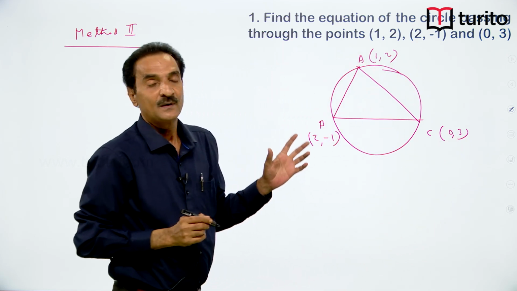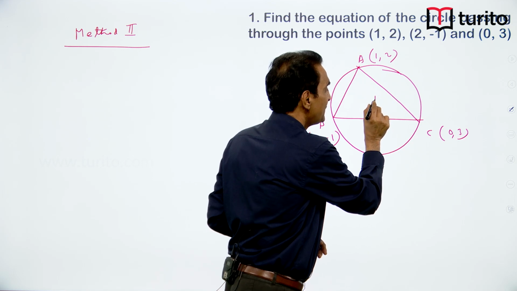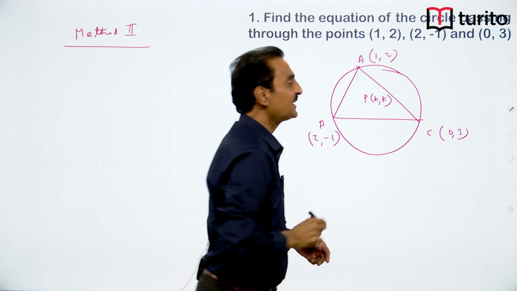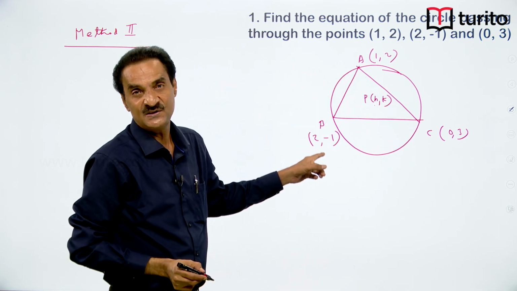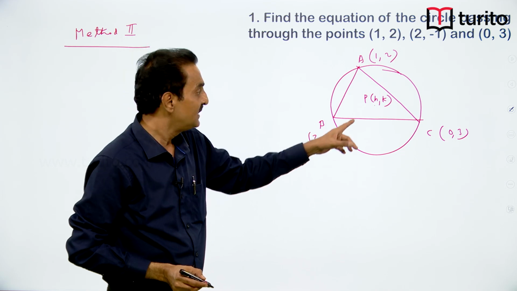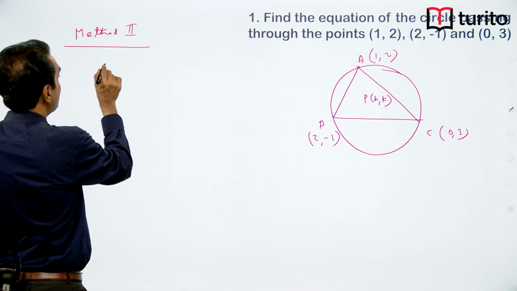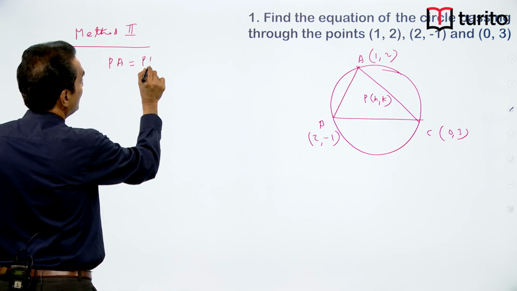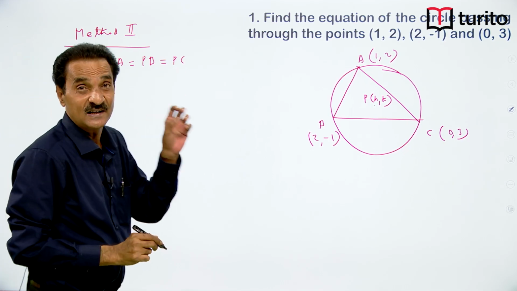Now, if you take the center of the circle as some P (h, k), then P will be equidistant from A, B, C. All of you know that. So, PA is equal to PB is equal to PC. Where P is the center of the circle.